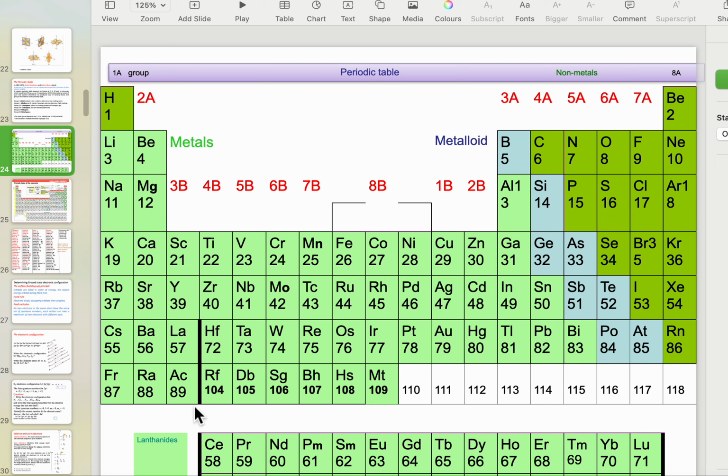The transition metals are mostly used in coordination chemistry, or coordinated bonds.